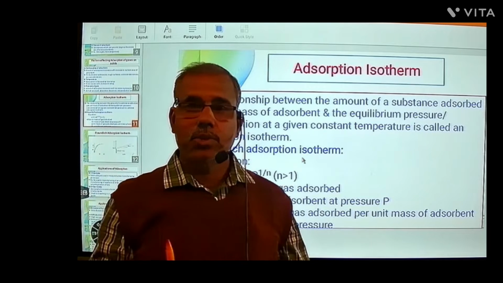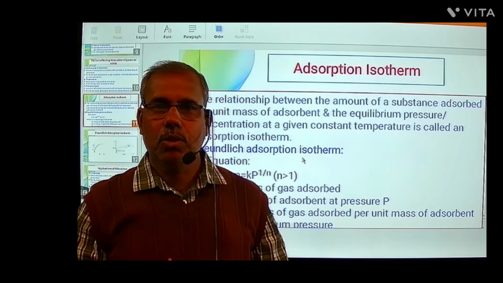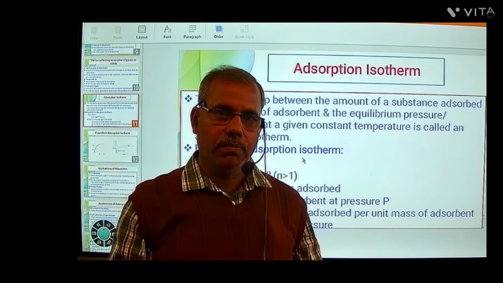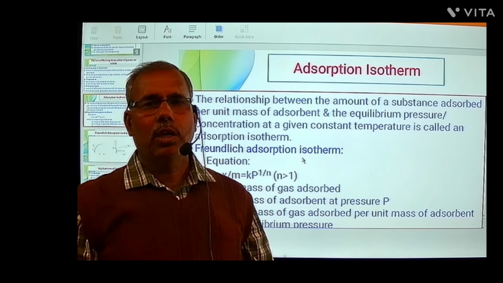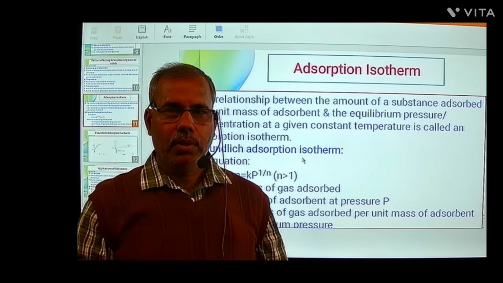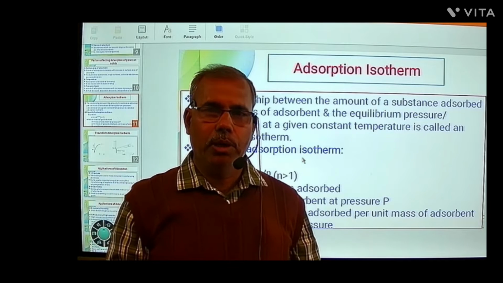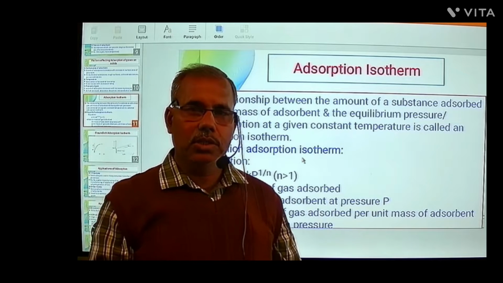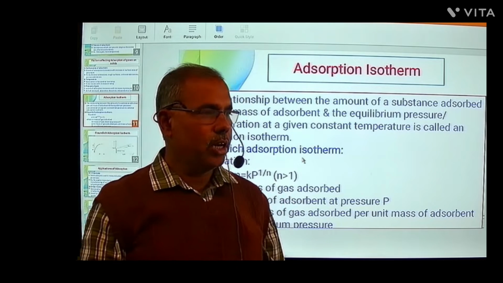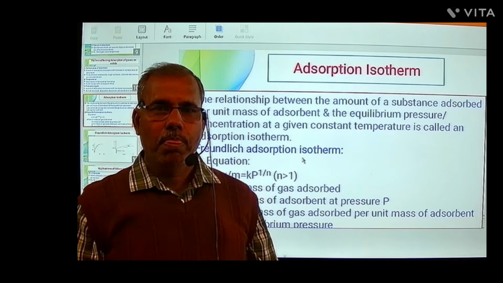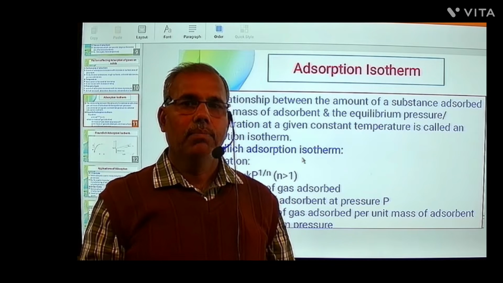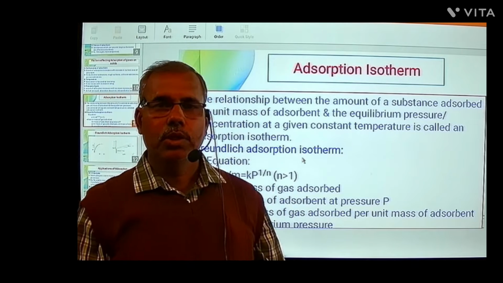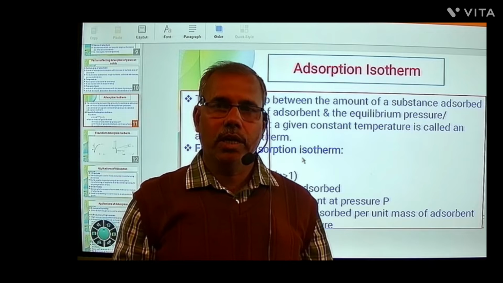Now what is isotherm? Iso means constant or same. Therm, this term is related to temperature. So when the temperature is kept constant and the other parameters are variable such as pressure or concentration, under these conditions the rates of some particular reactions or phenomena are studied and the graph of the system is plotted, then it is called an isotherm.